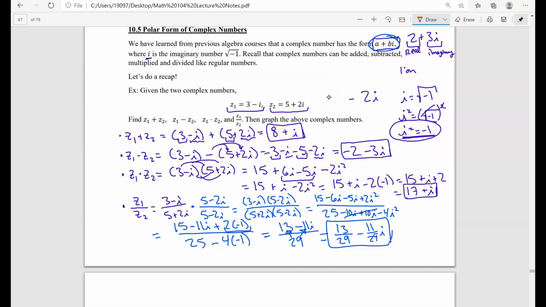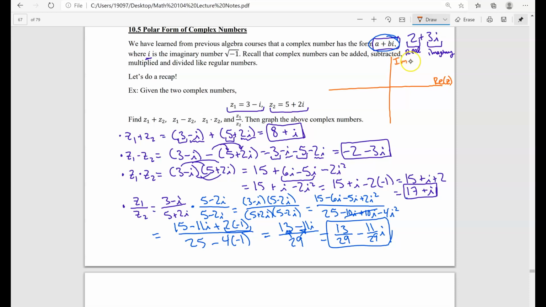Okay, so the way that we draw a complex number is the same way that we've been drawing regular curves, or the regular Cartesian plane, the rectangular coordinates. So basically, you have your x and y axis, but now your x-axis is what we call the real part of the imaginary number. I'm sorry, of the complex number, and then the y-axis is the imaginary part.